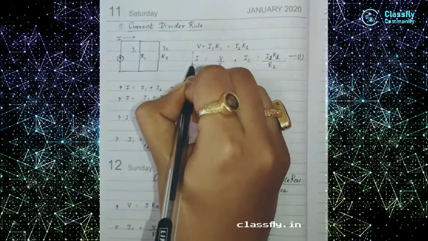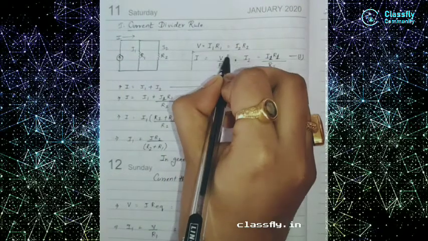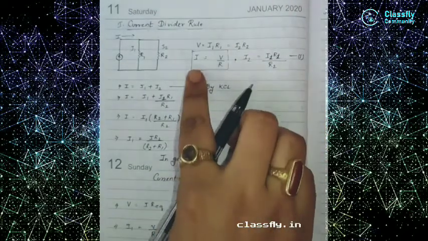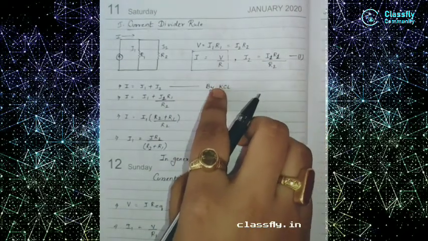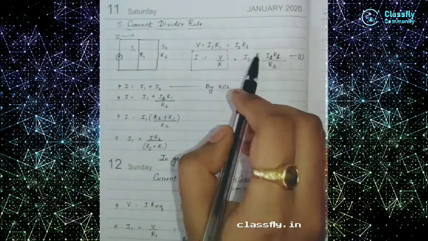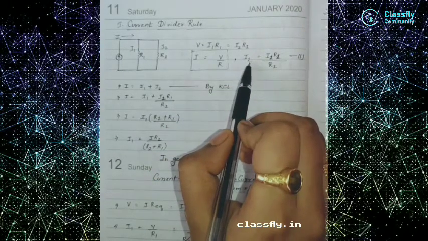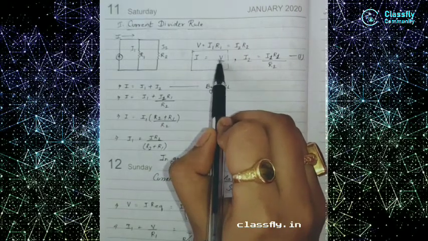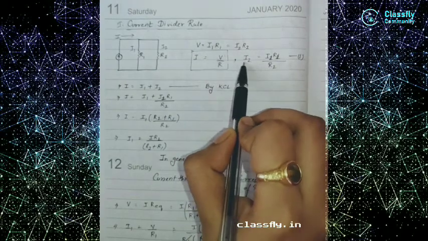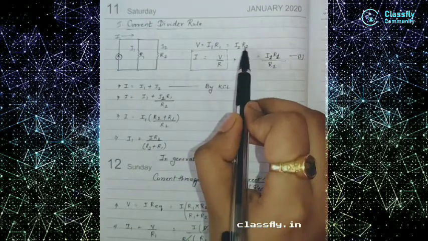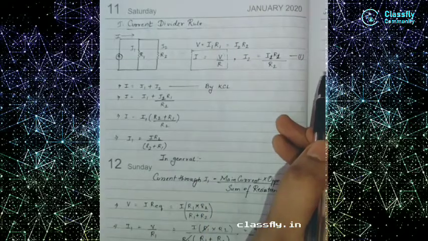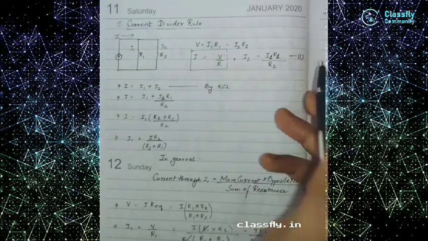You know that by Ohm's law V is equal to IR. So if we need to find the current, we can say I is equal to V by R. But whenever we need to find I2 or I1, we have to take the voltage of the other resistance. If we take I2 R2, then R2 and R2 will get cut and it will say I2 is equal to I2, which is meaningless.